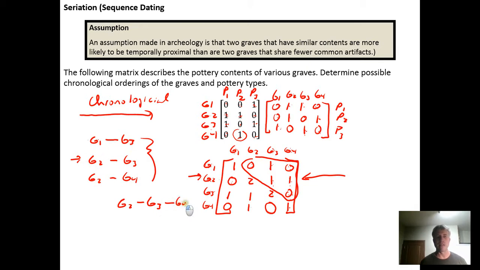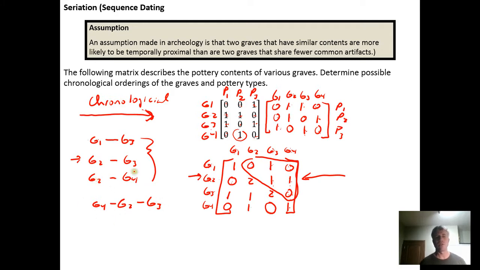So I know I can't attach grave 4 to grave 3, but grave 4 is also related to grave 2, so it's got to be on the other side in time. Whereas we look at this as ascending time, grave 4 is related to grave 2, but it's not related to grave 3.